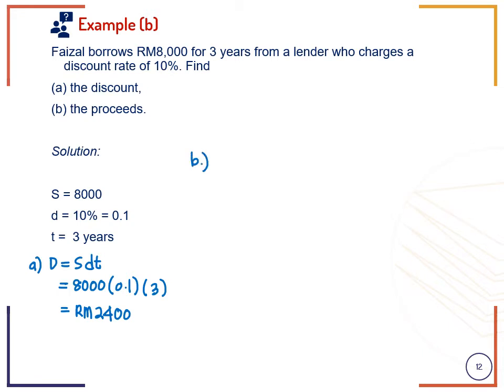B, the proceeds, denoted as H, is derived as the amount of maturity value minus the discount, where the amount of maturity value is equal to 8,000 minus the discount of 2,400.